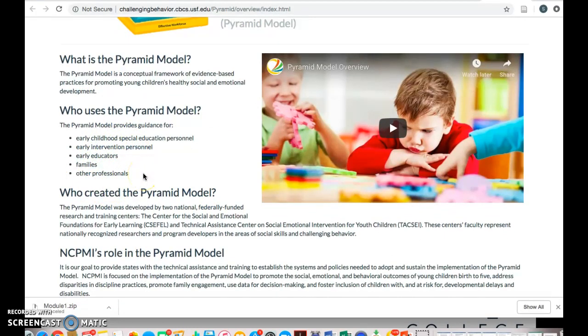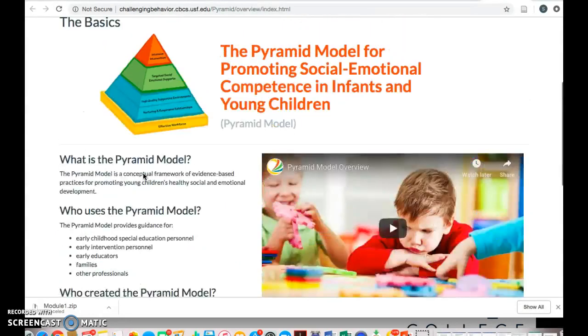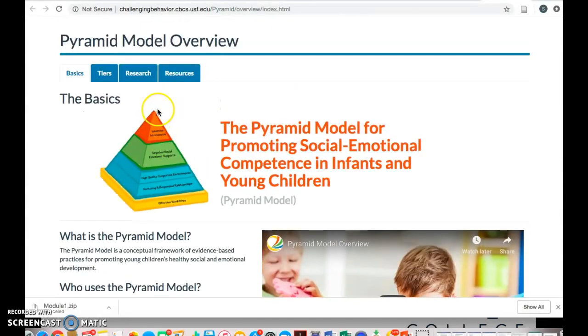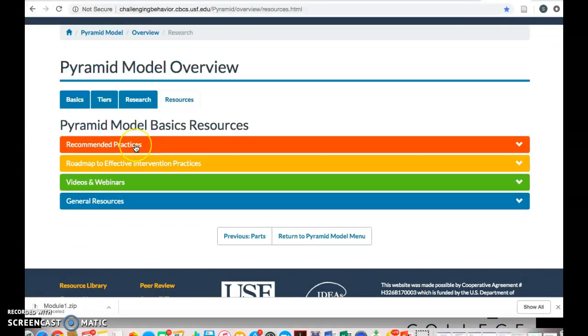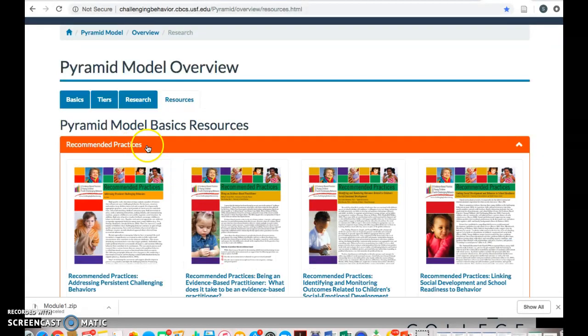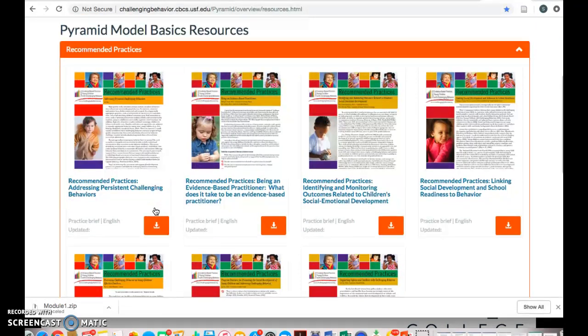So you, as early educators, early intervention personnel, can be used by special education professionals, families, and then other professionals like school psychologists, social workers, child life specialists, for example. So on this pyramid model website, there's a tab that says resources. And then underneath the first tab, this is recommended practices, are articles.